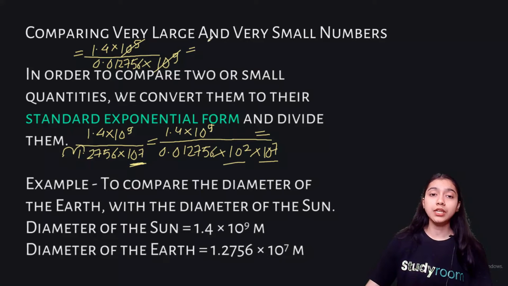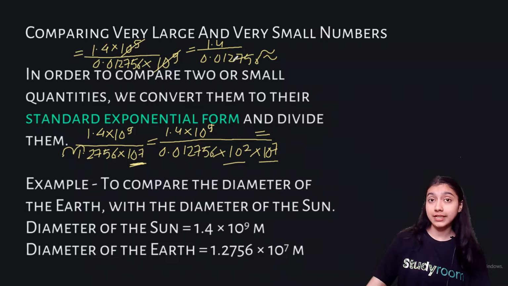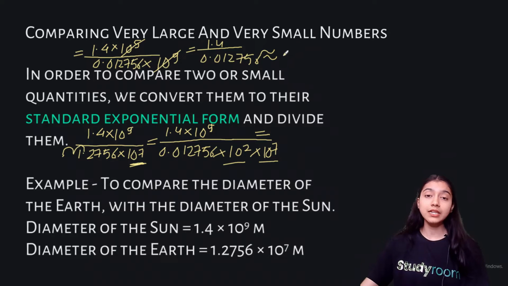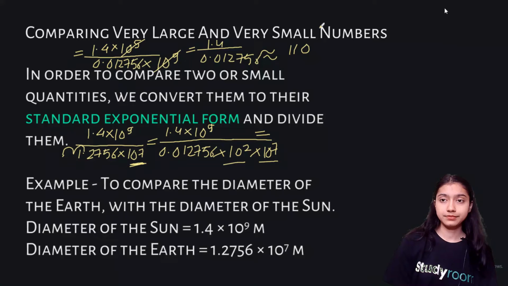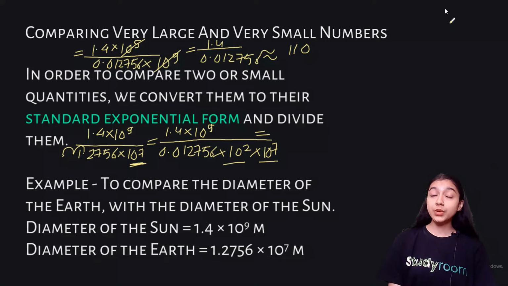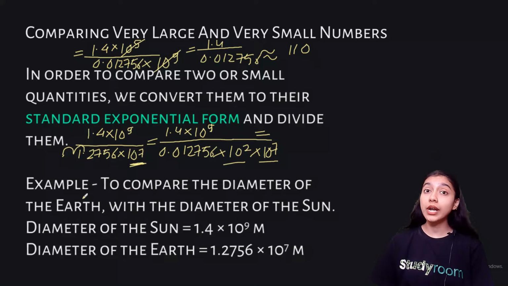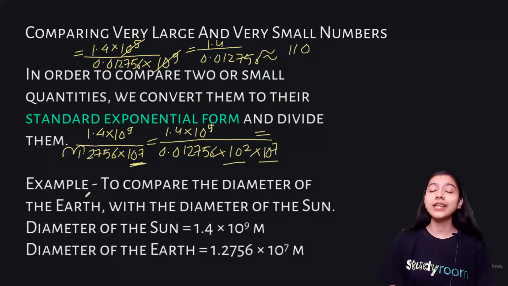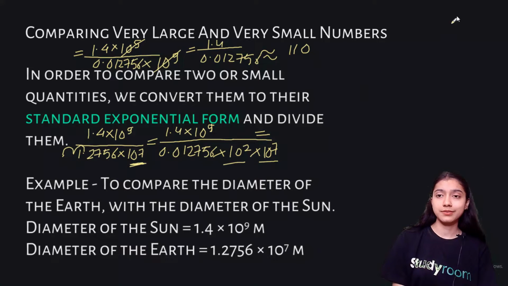Now we are left with 1.4 divided by 0.012756, which is approximately equal to 110. So we can conclude that the diameter of the sun is nearly 110 times the diameter of the earth. This is the way to compare these two large quantities.